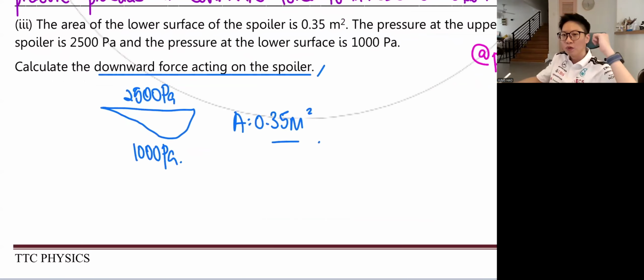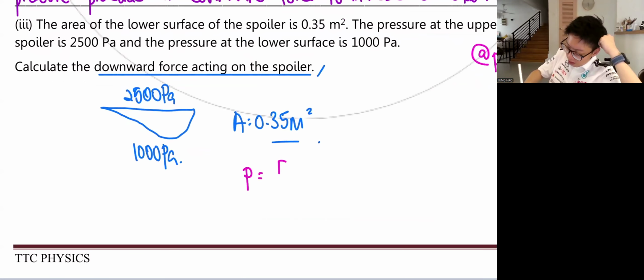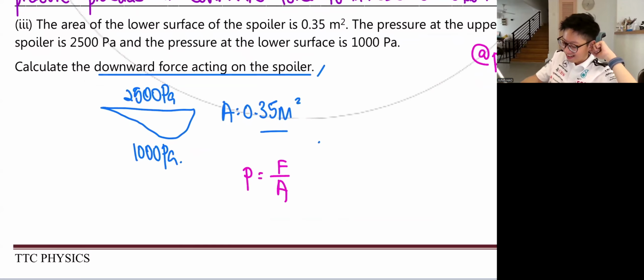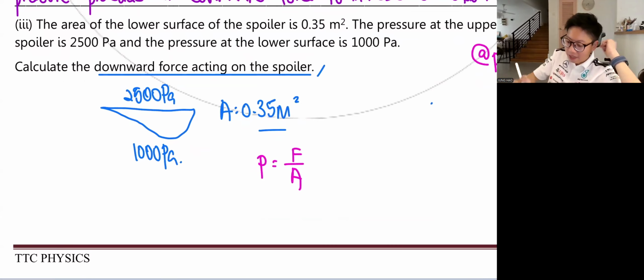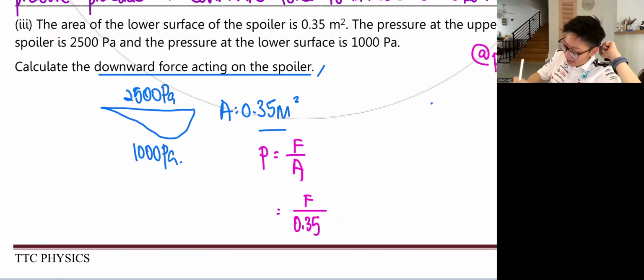So what we're going to do is P equals F over A. Faster, guys. My area is 0.35. Can you tell me what pressure I need to substitute here? Do I put 1,000 or do I put 2,500? Which one, guys? Very confusing, you all.